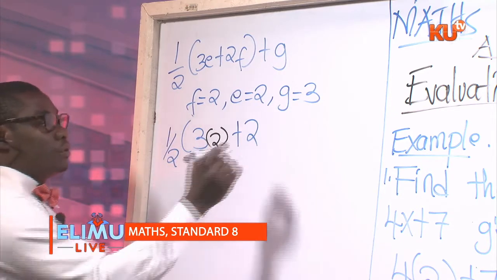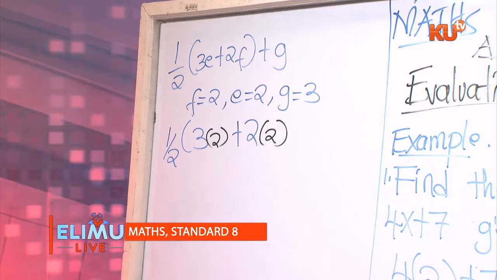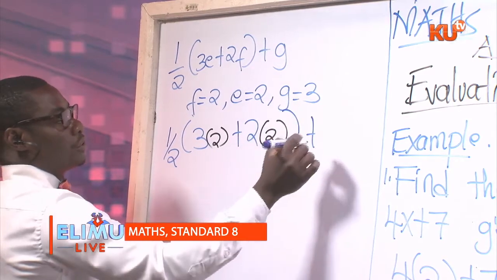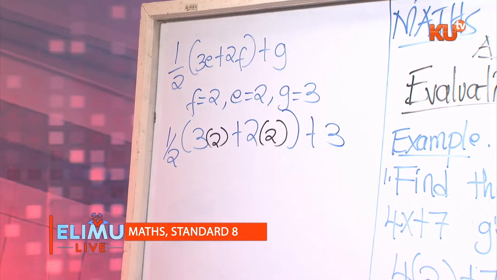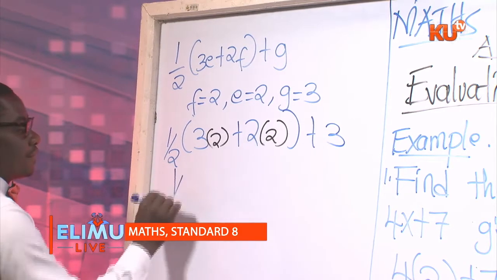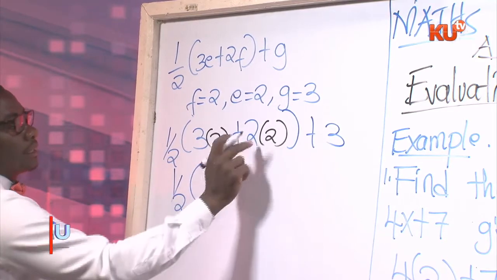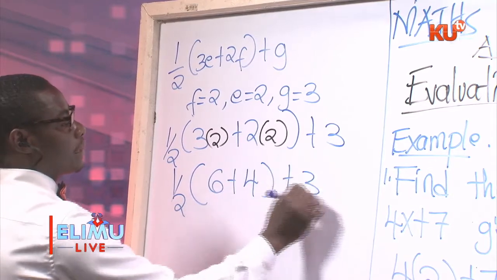So we put it in small brackets, times 2. Then we close the bigger brackets, plus g, which is equals to 3. So we write plus 3. So the next procedure is to solve. So it is a half into brackets, 3 times 2, that is 6, plus 2 times 2, that is 4, close the brackets, plus 3.